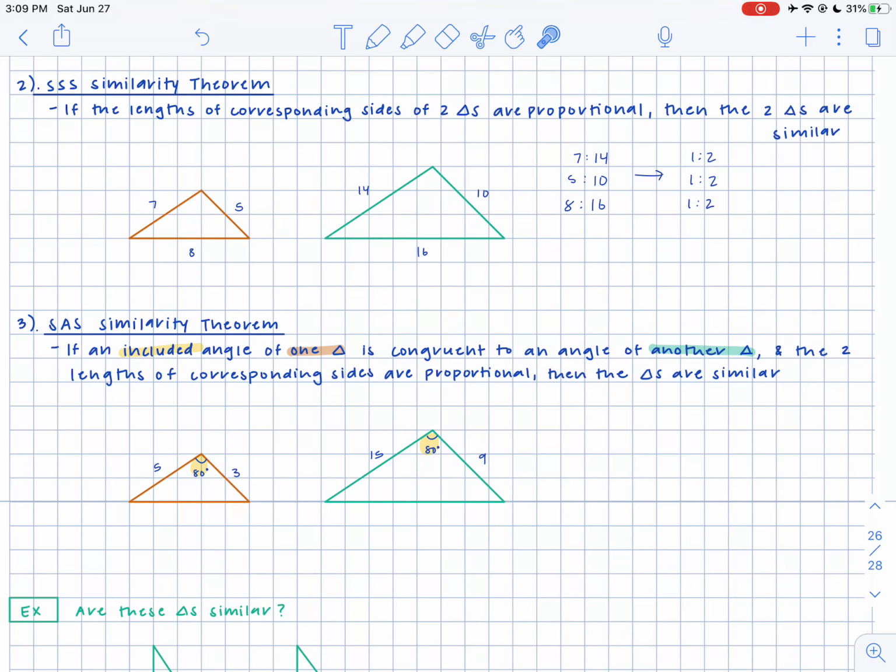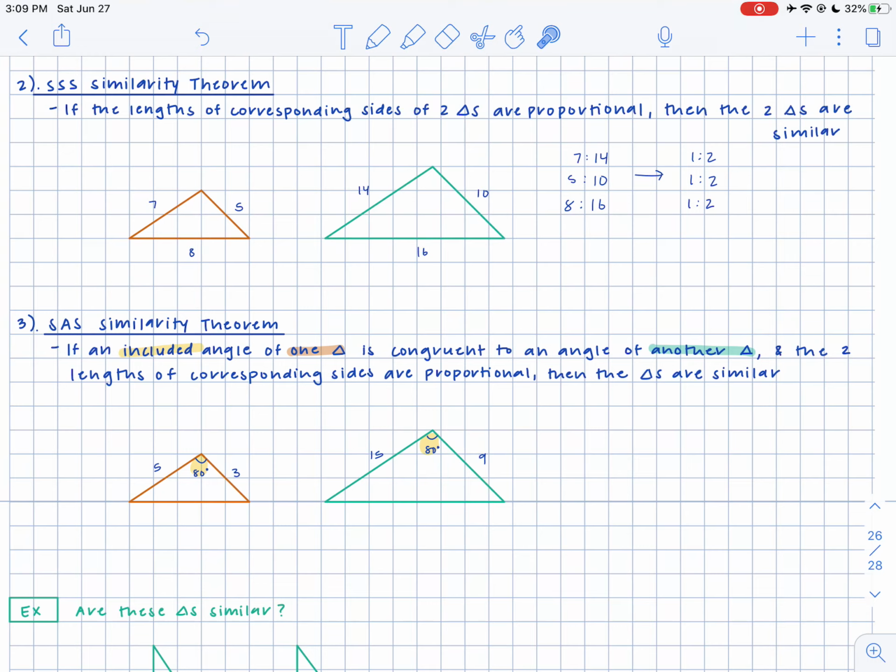So this third theorem is very similar to the second one, except instead of having a third side, you would just have an angle. And remember, it's an included angle, so it needs to be included between the two sides. And you can see that here because the angle is sandwiched in between the S's, which stand for sides.